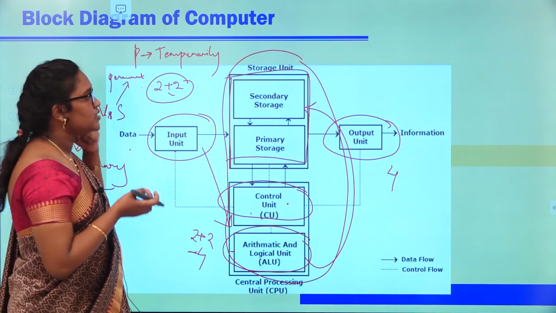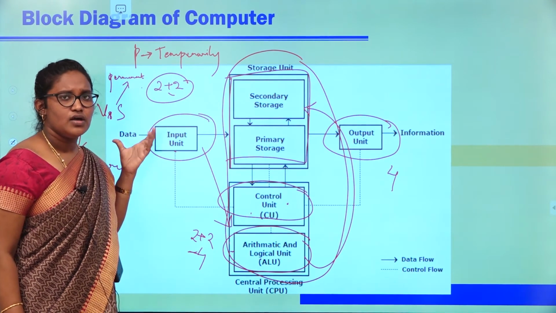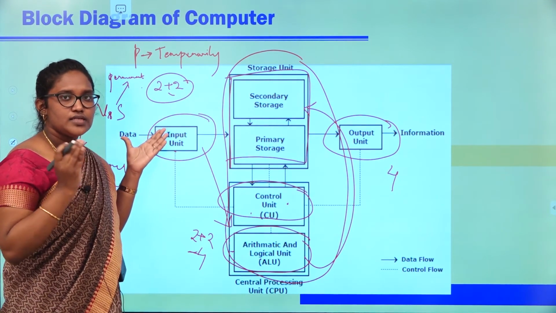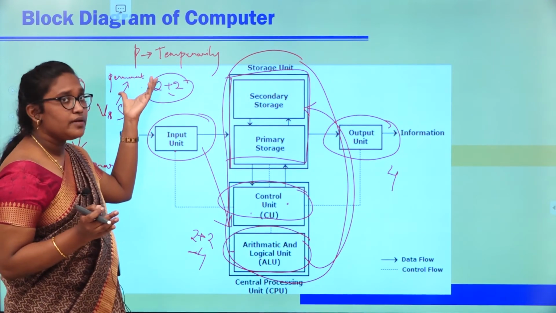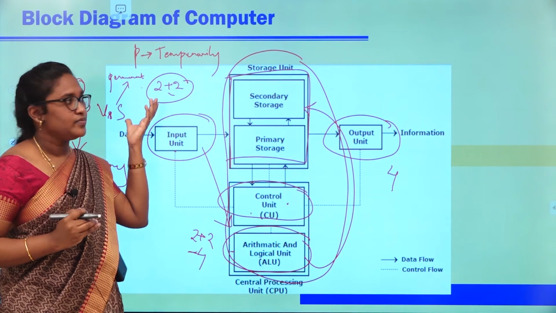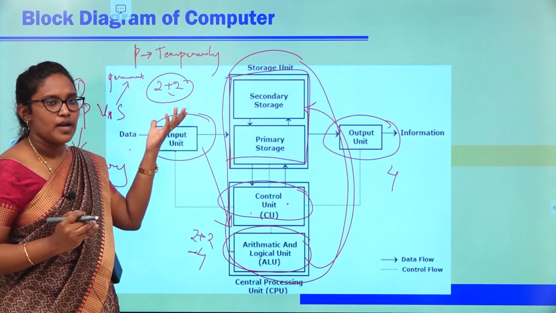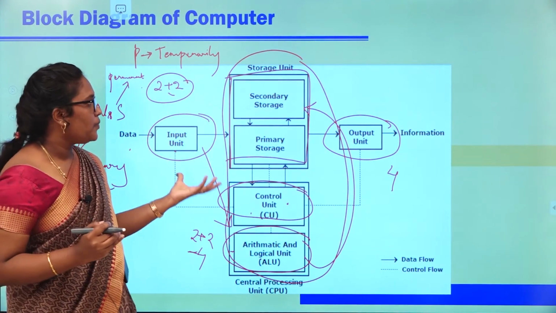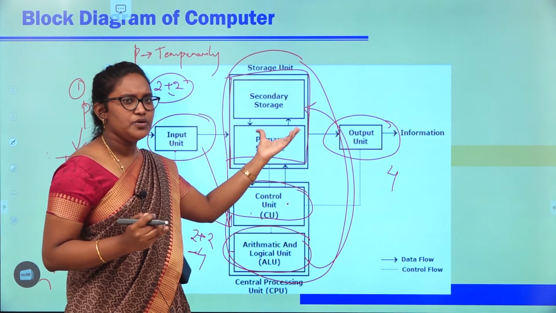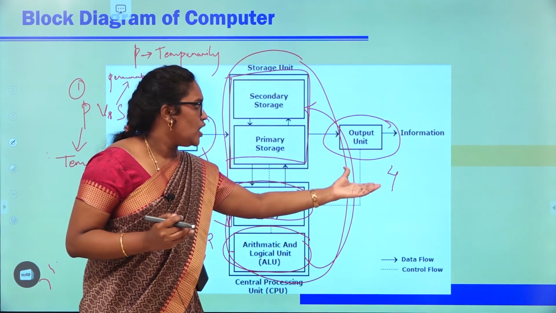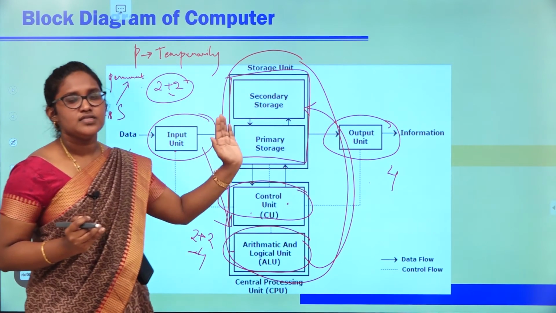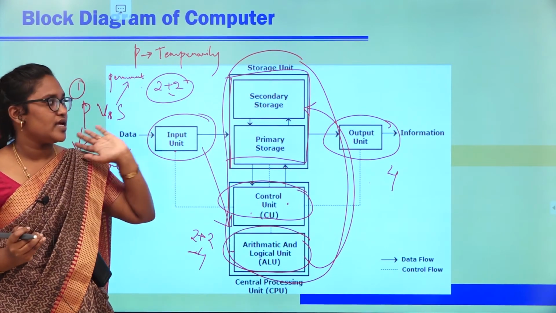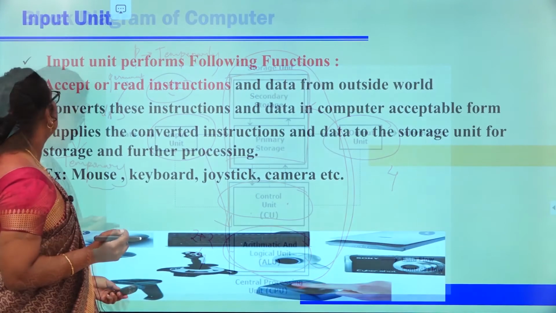If it is stored in a secondary storage device, even though there is a power off, we are able to hold the data. So that is the difference between primary and secondary. The processed output will be given to the output as information. Simply, the result will be given as information.